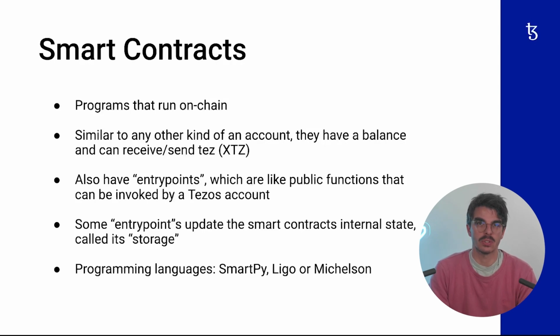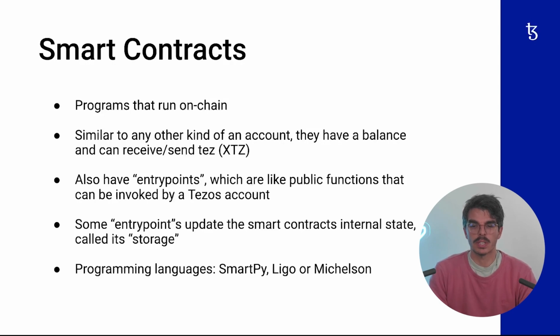And that internal state is called storage. And you can think of it, again, with a Java class or a C# class, just a bit like private variables. There are different programming languages that can be used to write smart contracts on Tezos, including SmartPy, Ligo, or even Michelson, which is the kind of low-level language that SmartPy and Ligo will compile down to.